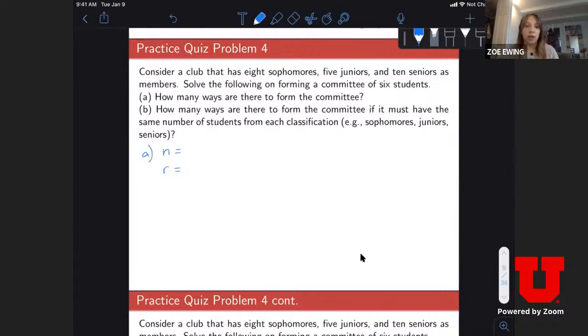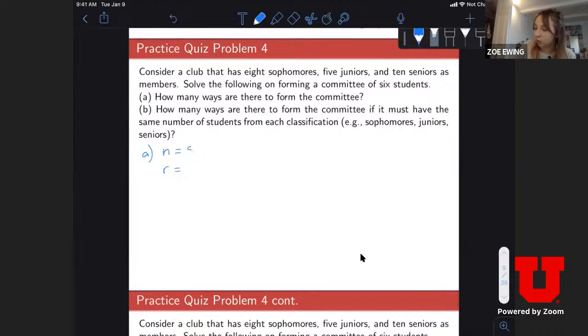What is our N value? Remember that N is the size of the set that we are picking from. So if we're forming a committee out of a certain number of club members, then the N value is going to be the number of club members because that's what we're picking from.